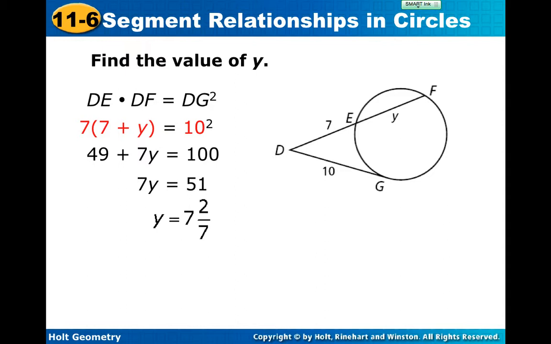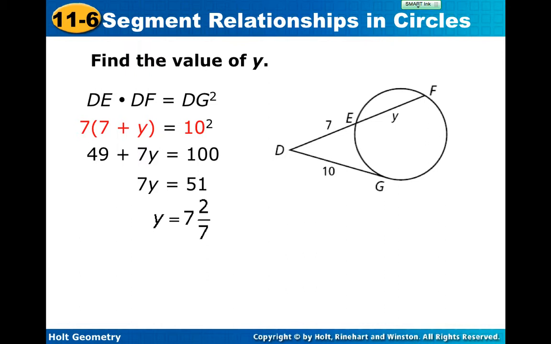Round to 0.3. So 7.3 approximately. Any question on that one? Notice you didn't have to worry about the positive negative because of where the variable was. It wasn't on the part that got squared.